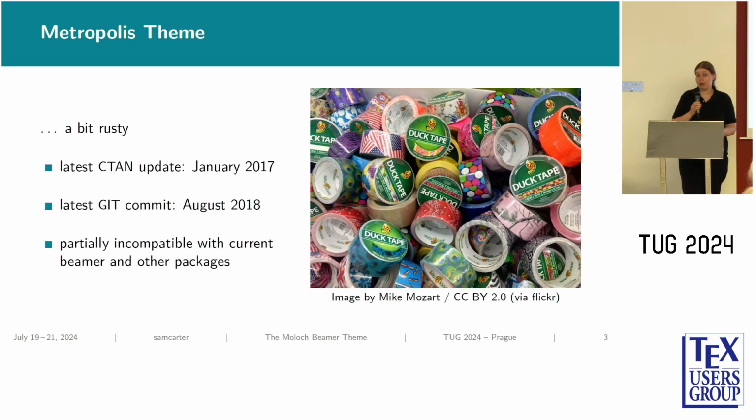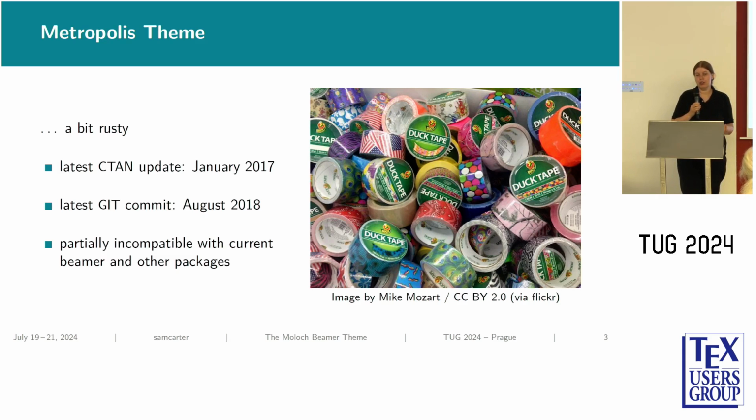And Beamer is not the only problem. Metropolis also has a problem with some other packages. As part of the Metropolis theme, there are also settings which influence packages like PGFplots. And Metropolis does this by using hard-coded version numbers for these PGFplots compatibility settings.